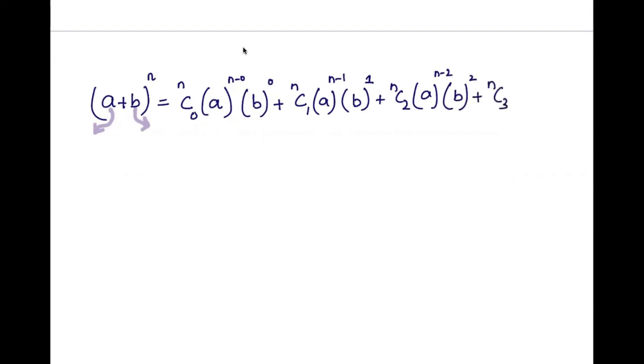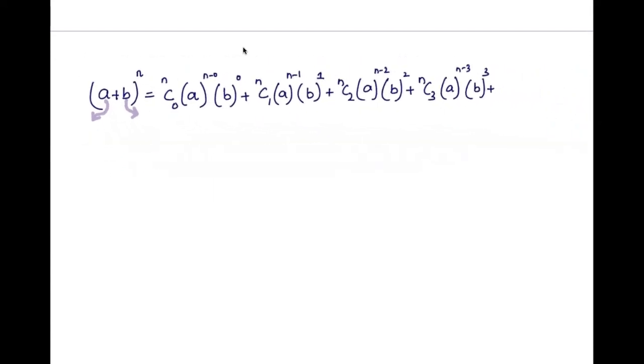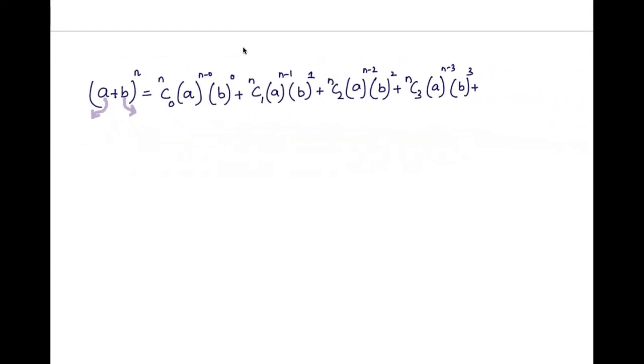Plus NC3, first term to the power of n minus 3, b to the power of 3. And this is going to keep on going until you reach NCN, first term to the power of n minus n, second term to the power of n.